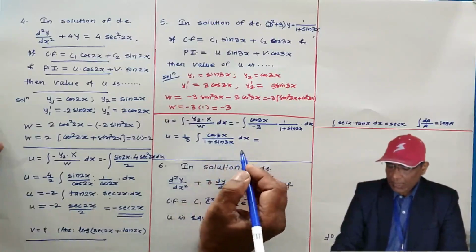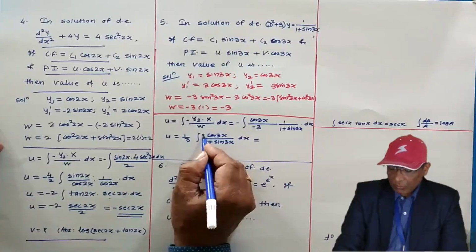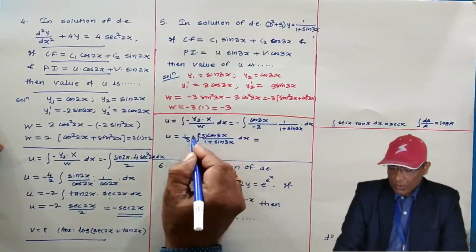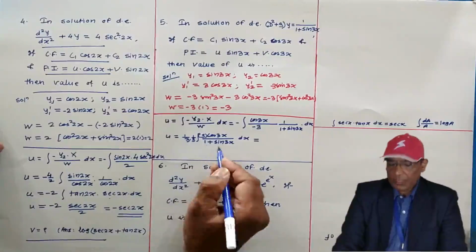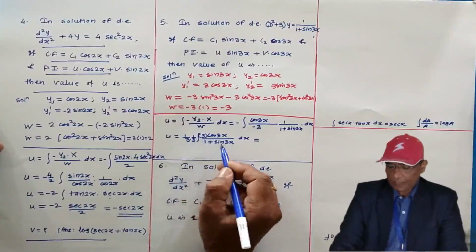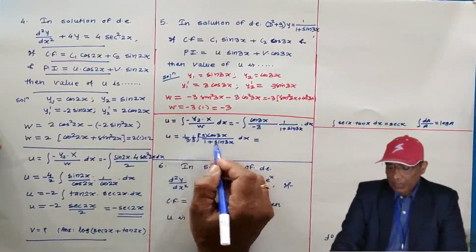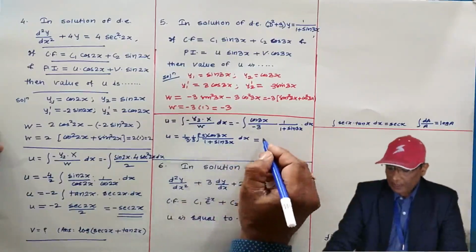The 3 I am going to adjust here so as to get the derivative of the denominator in the numerator. I have adjusted the 3. Now the derivative of the denominator is present in the numerator directly.